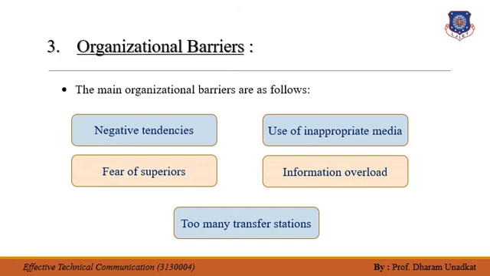Now, there are four people involved in this communication channel. Whatever the reason for filtering or distorting the message, having too many transfer stations is always an obstacle to effective communication and should be avoided. Transfer stations do not serve a purpose, but having too many of them is counterproductive.